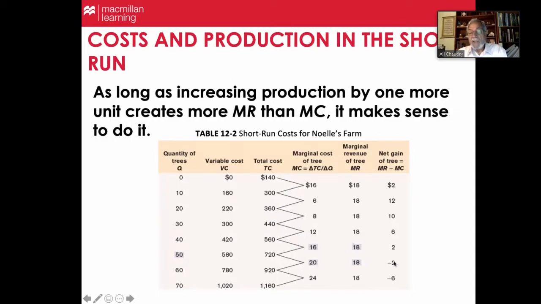So that is why we find that at the point of 50, the marginal cost is equal to the marginal revenue, which is the $18 price. And therefore, the 50 output level is the optimal level of output.